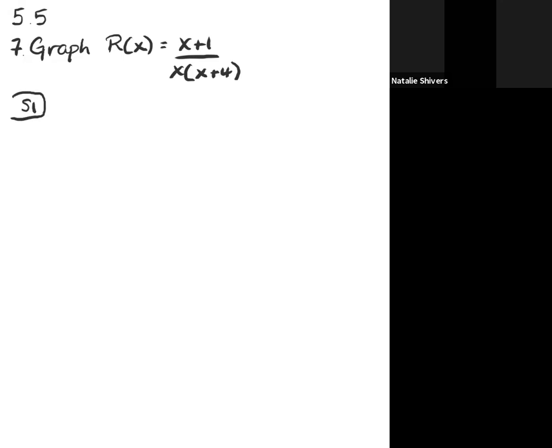Step 1, we're going to factor the numerator and denominator. It's already done on this problem.